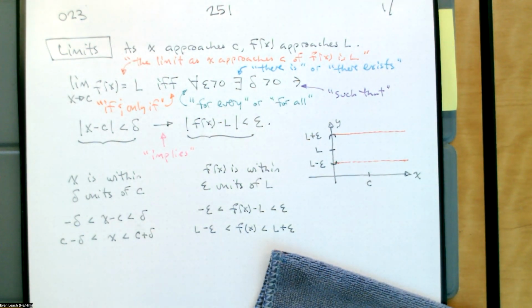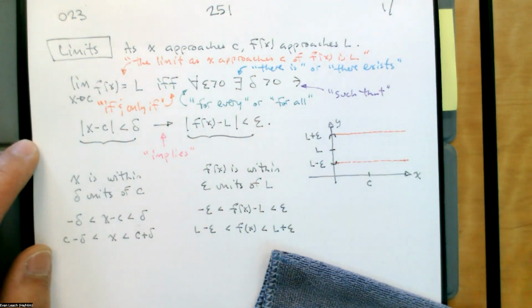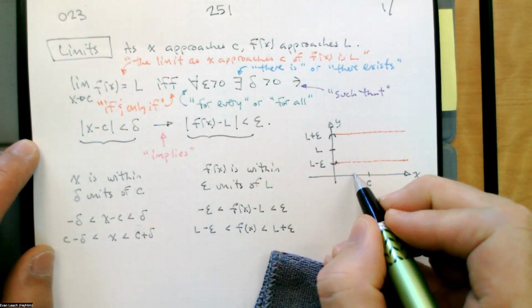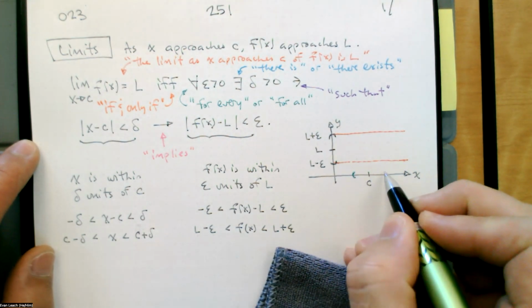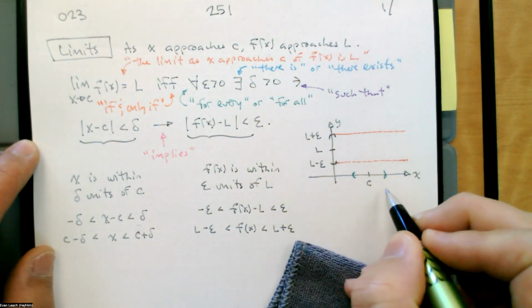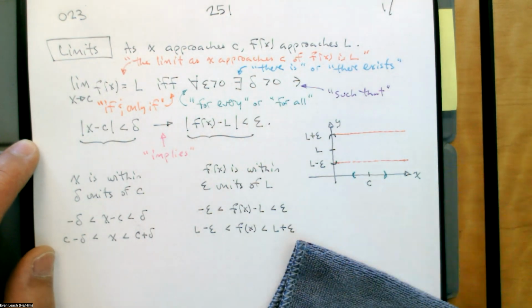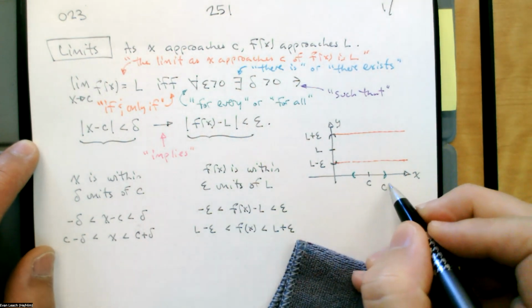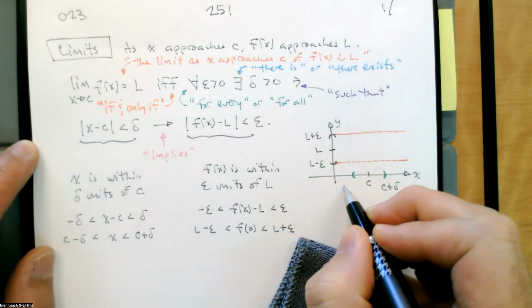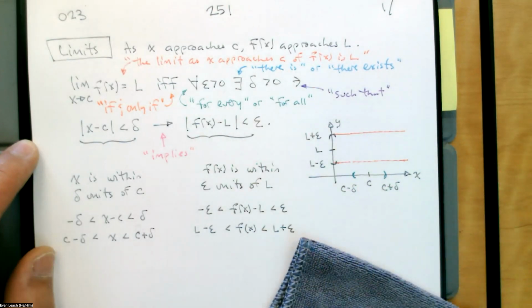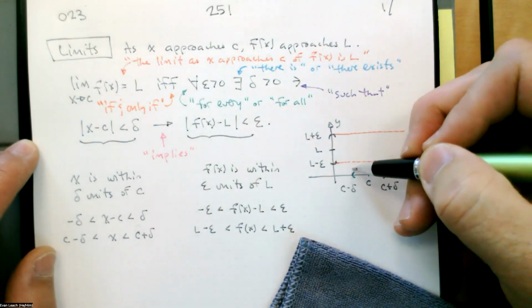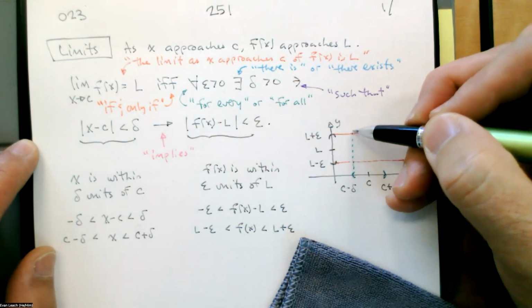Then I'm going to look at how close x has to be to c to make that happen. So I'm going to look down here and think, how close to c do I have to make x to guarantee that that would happen?